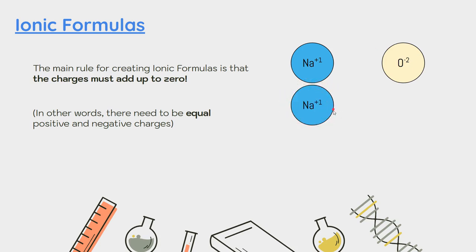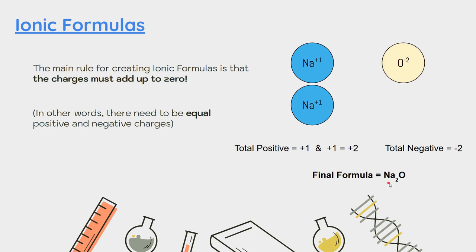Now if I look at all my charges, I have a total positive value of +2, there are 2 +1s, and a total negative of -2 for my 1 oxygen atom. My formula then would be Na2 for my 2 sodium atoms, and O for my 1 oxygen atom. Remember, we don't write 1s.